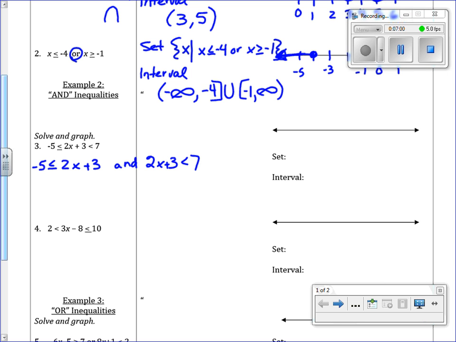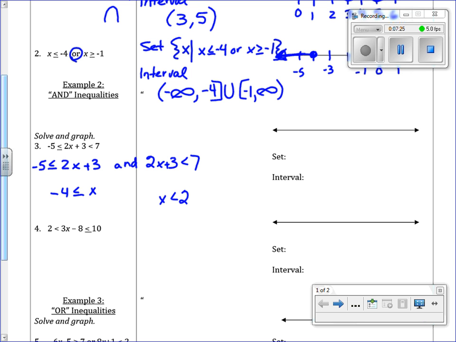If you go through and you solve all of it, you're going to end up with negative 4 less than or equal to x and x less than 2. I'm not going to take a lot of time to solve that. You most certainly can. What you need to do is go through and solve that to make sure that my math is correct. Okay, so I set up my number line.